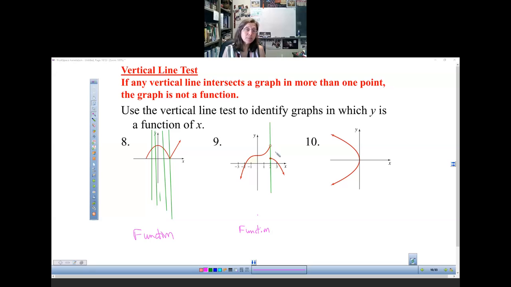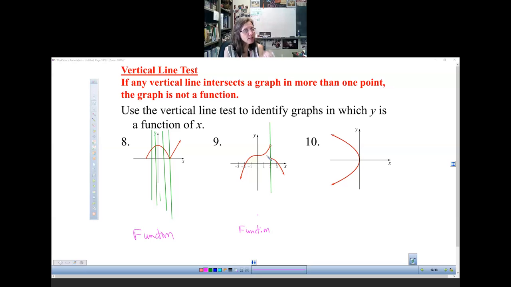What this means is that I actually don't have a point here at this open circle. I do have a point here at this closed circle. So I do not have an x value that has 2 different y values. However, if this had been a closed circle and this had been a closed circle, no more function.